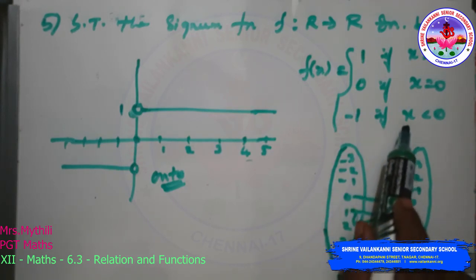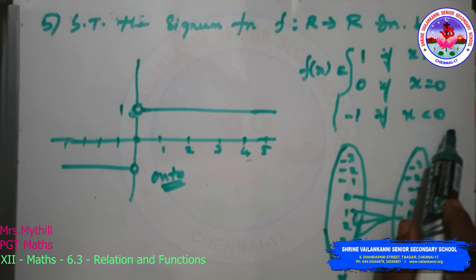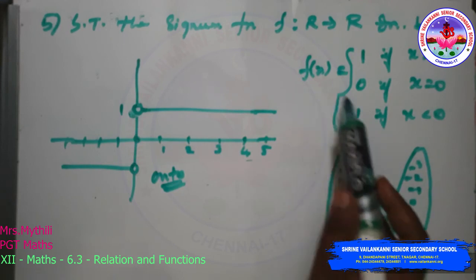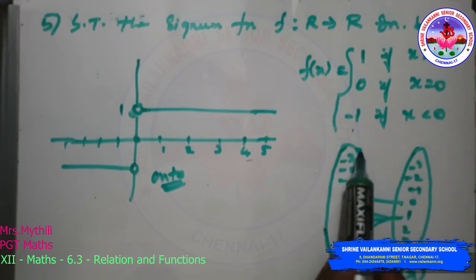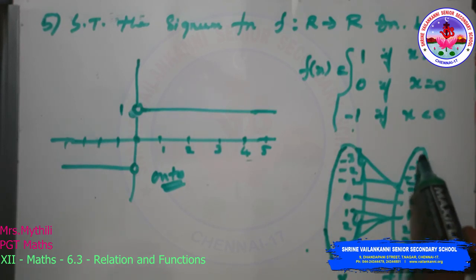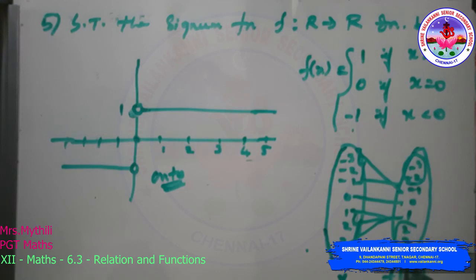And if we take any values when x is less than 0, that is minus 1, minus 2, minus 3, etc., f of x equal to minus 1. So it maps to minus 1. So here we can see that there are leftover elements in the codomain. Onto function means every element of the codomain must have a pre-image in x. Here we have leftover elements in the codomain, so we can say that it is not onto.